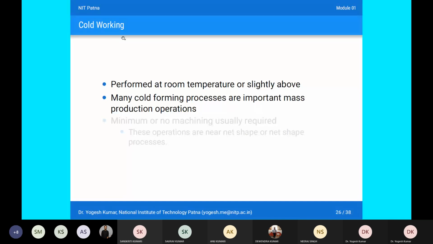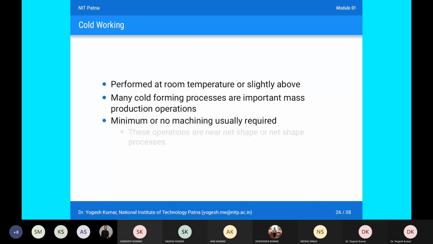So all these processes like blanking, punching, and sometimes wire drawing also, are conducted at or near room temperature. That's why these are called cold working processes. And you will notice that all these processes are mass production processes.